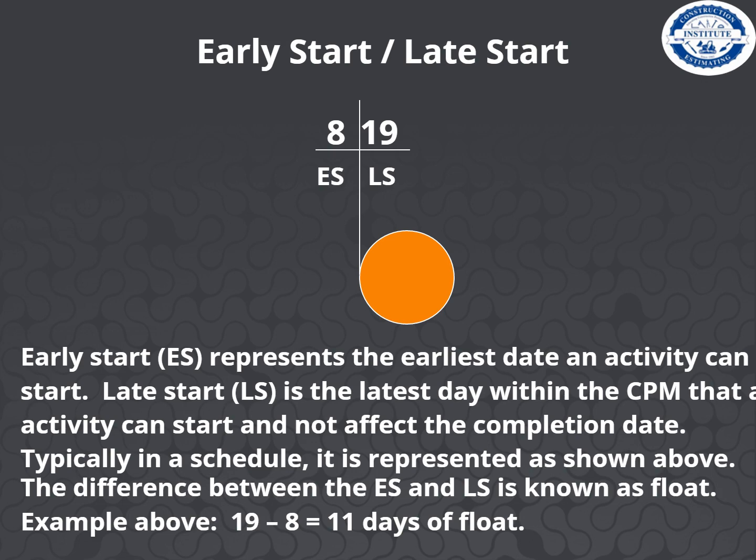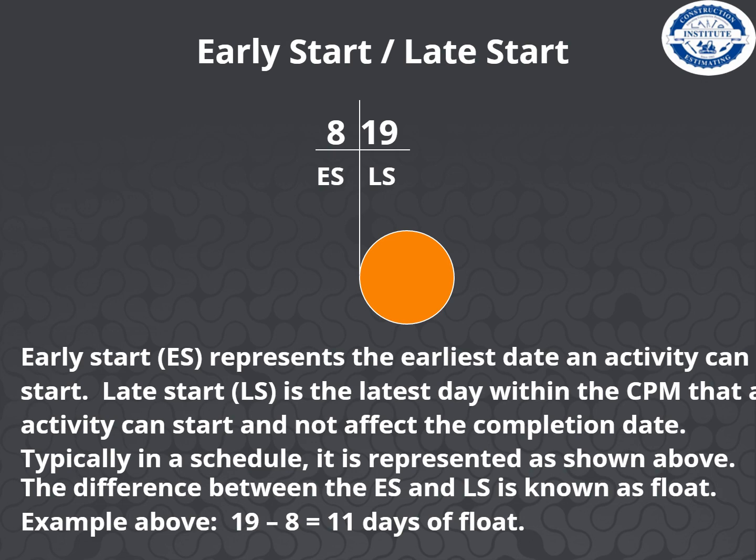The early start date represents the earliest date an activity can start. The late start is the latest day within the CPM that an activity can start and not affect the completion date. Typically in a schedule, it's represented as shown here. The difference between the early start and the late start is known as float time.